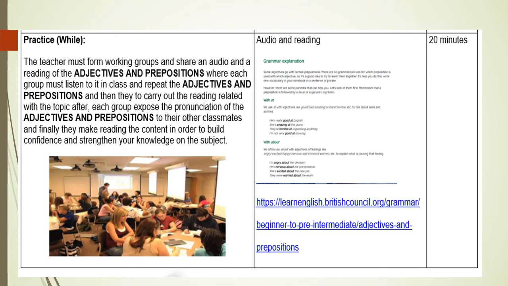After that, each group presents the pronunciation of the adjectives and prepositions to their classmates, and finally they read the content in order to build confidence and strengthen their knowledge of the subject. The resources for this session are audio and reading. The time for this session is 20 minutes.